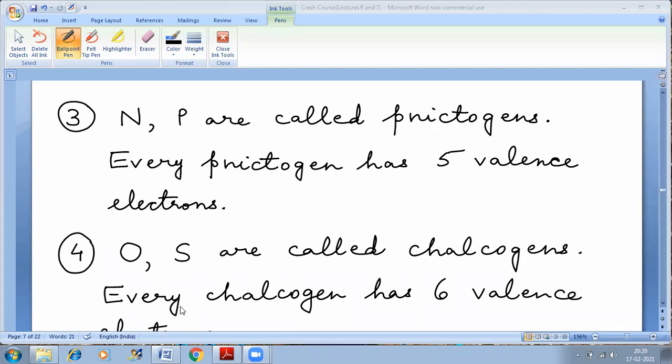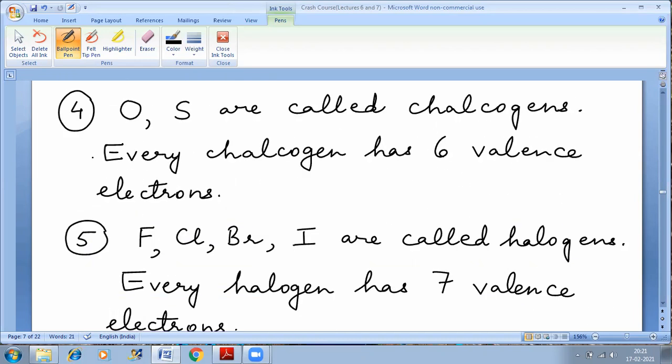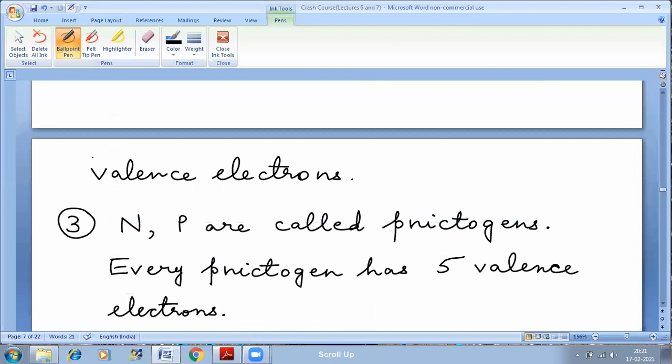Why pnictogens? That name is derived from a Greek word. So group 15 elements are called pnictogens. Also, you can call them the nitrogen family. Similarly, group 16 elements are called chalcogens. Sir, can you move up to the second point? Which one? Point number 2.